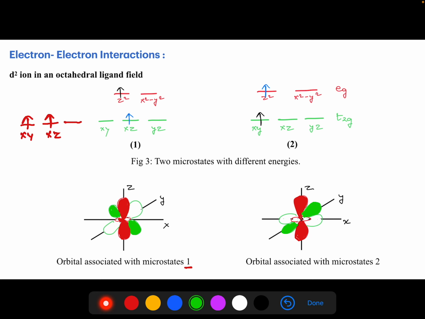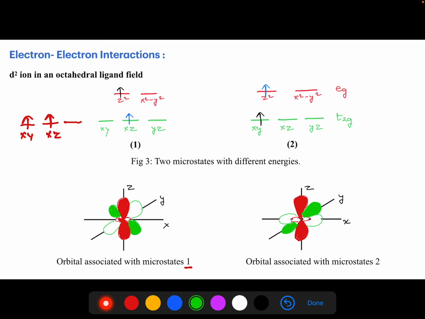You can see that these two microstates 1 and 2 have very different electron density, and therefore these two different microstates have different energy, because the electrons in dz2 and either dxz or dxy interact very differently here.